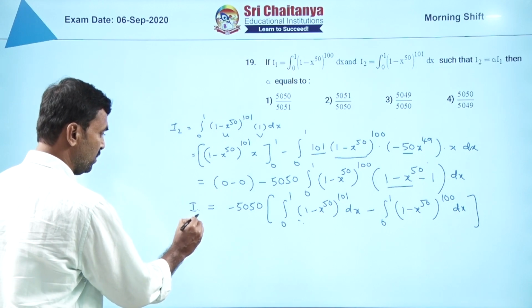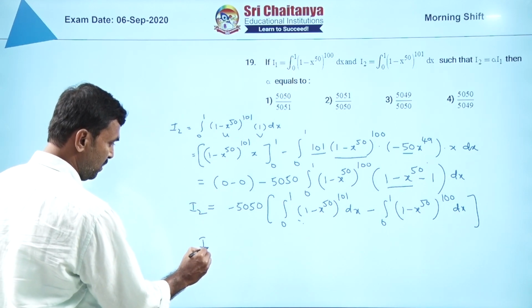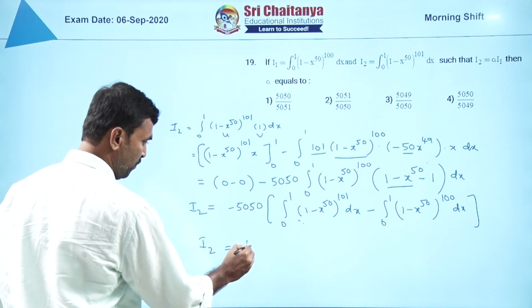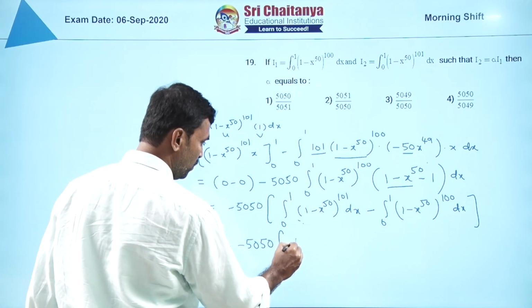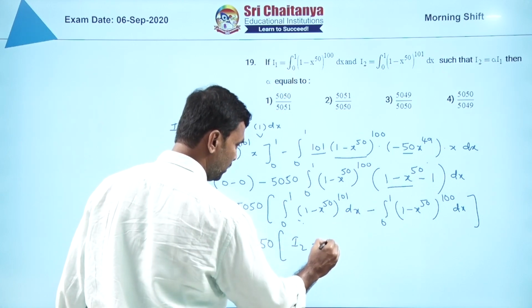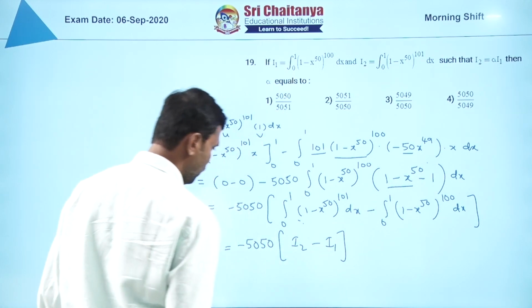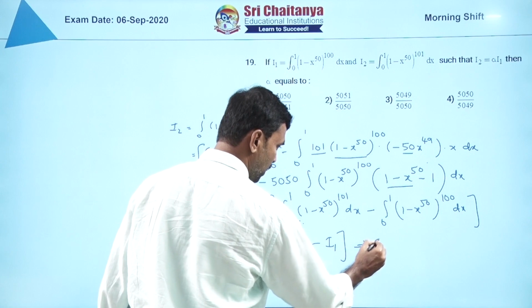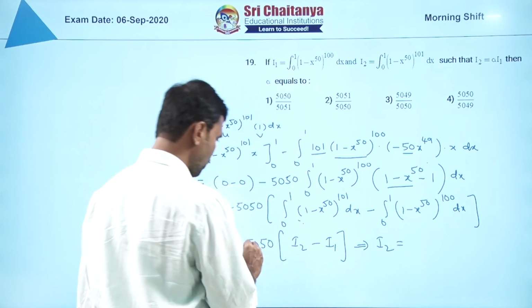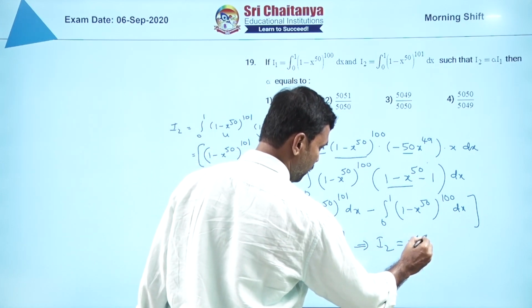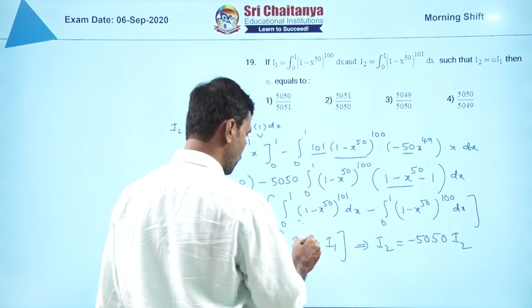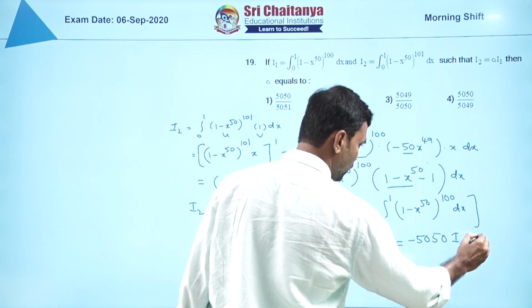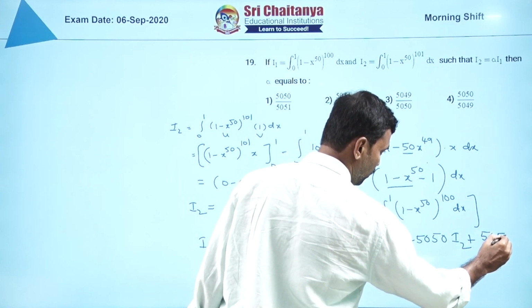So, I am just writing it like this: minus 5050 times (I2 minus I1). This implies I2 is equal to minus 5050 times I2, and minus into minus gives plus 5050 times I1.